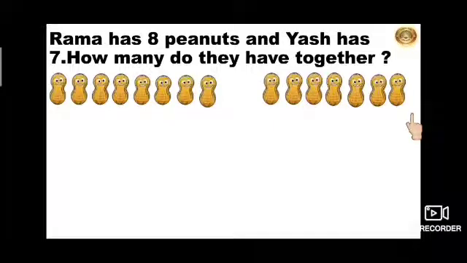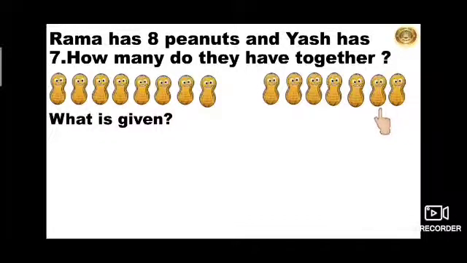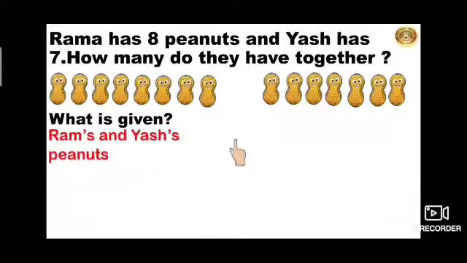So, first from this question take out what is given. First we have to understand what is given here. Here we are given Rama's and Yash's peanuts.